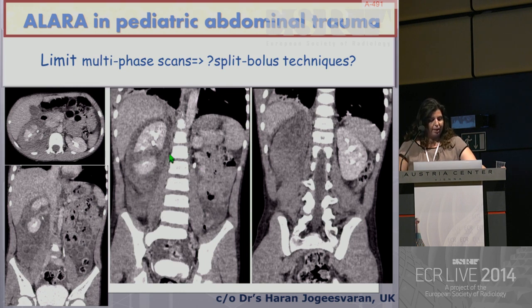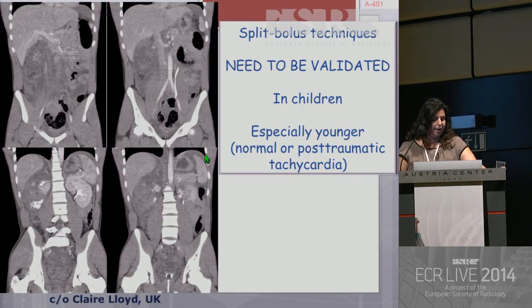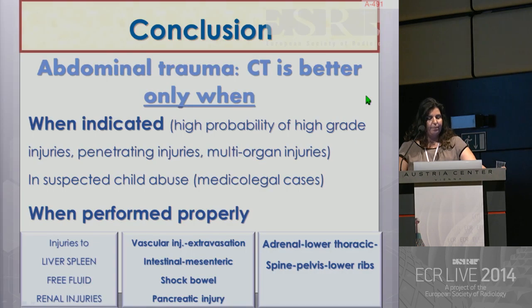In this nice case provided by Evelina Children's Hospital, despite the deep laceration and transection and the large perirenal hematoma, the pelvicalyceal system is intact, as opposed to this case where you have extravasation of excreted contrast material that indicates a pelvicalyceal system injury as well. But this needs to be validated in children.